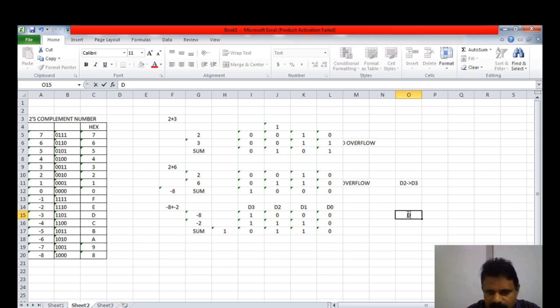There is an overflow here, but from D2 to D3, nothing. Here we have a carry from D3 to the carry flag. This happened.